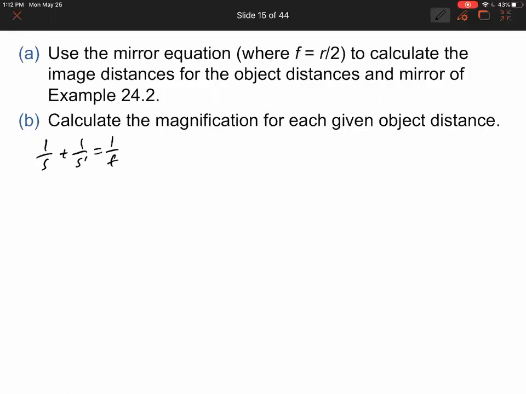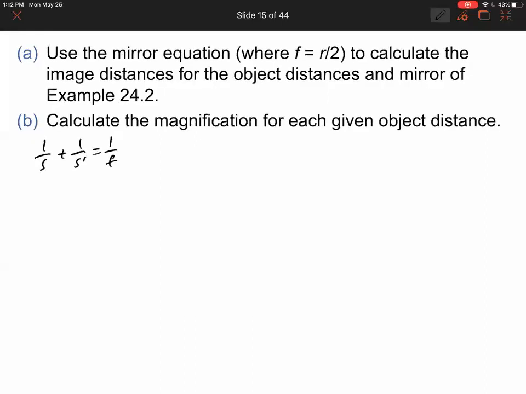If you remember, this equation has the very same format as resistors in parallel or capacitors in series. That means I can rearrange this into one of those shortcut equations. So f is equal to s times s prime over s plus s prime, if I'm solving for the focal length.